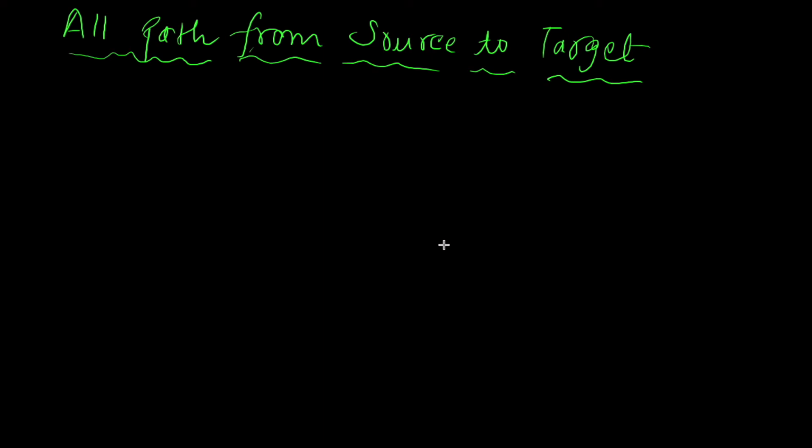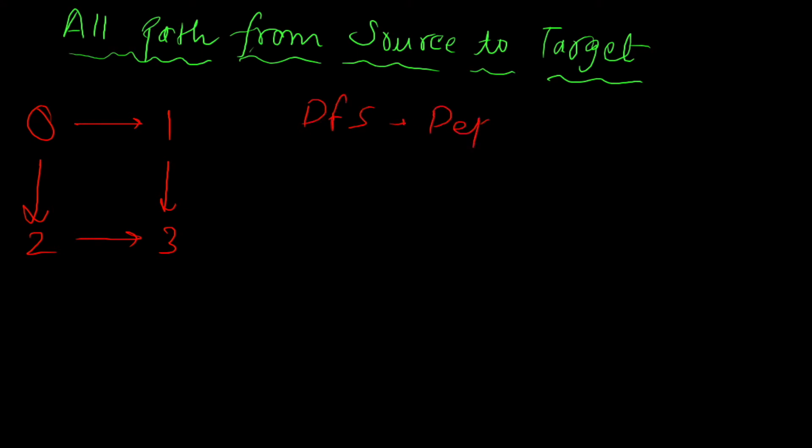Let's say we are given a graph which is something like this. We are just taking the example that we are provided, and then there is a 3 node, something like this. Now in this case, if I do a DFS, which is depth first search, I would first go to the 0th node because that is my starting point.